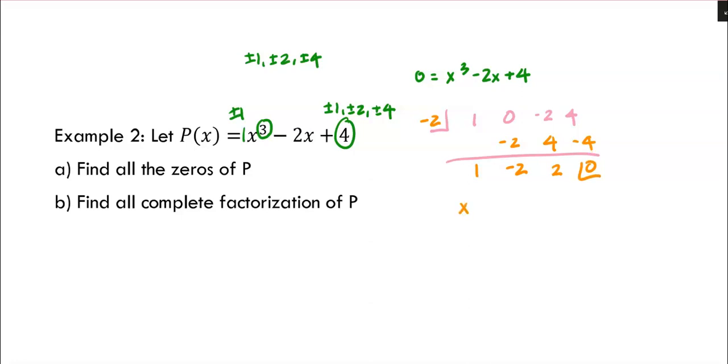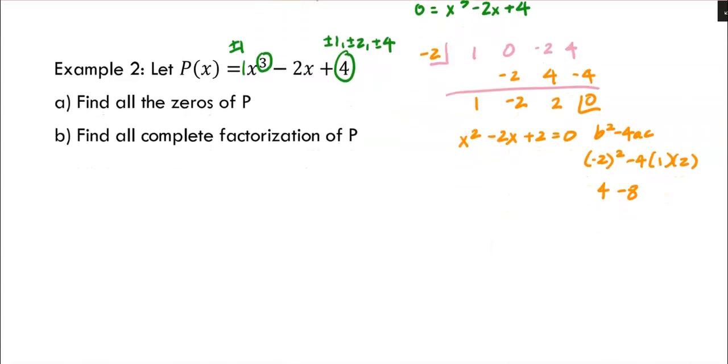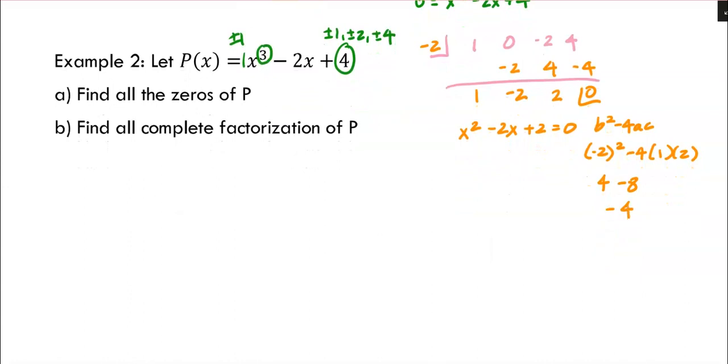And we have x squared minus 2x plus 2 equals 0. Now, we can use the discriminant to figure out if this is factorable. And we have 4 minus 8. Nope, it's not. That's going to give us a -4. So I'm going to use the quadratic formula, 2 plus or minus the square root.